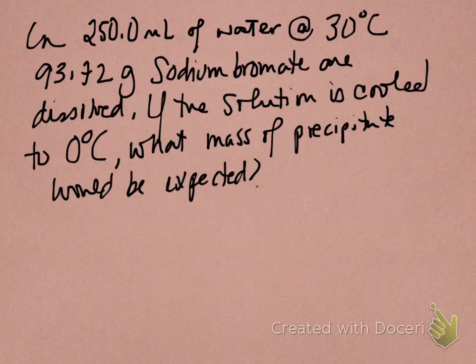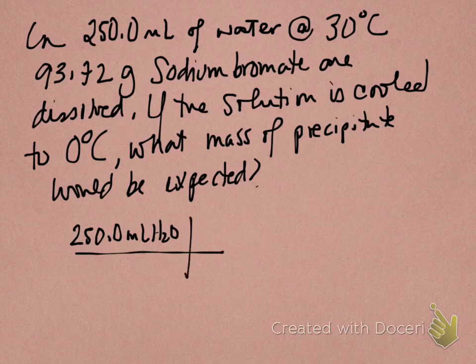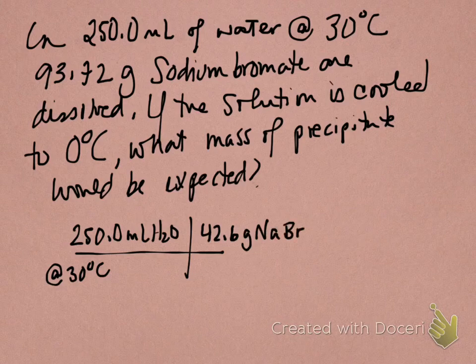So we would start setting up this factor label with our 250 milliliters of water. And you said we want to do this at the 30-degree solubility. So at 30 degrees, we can dissolve 42.6 grams of sodium bromate, NaBrO3, in every 100.0 grams of water.